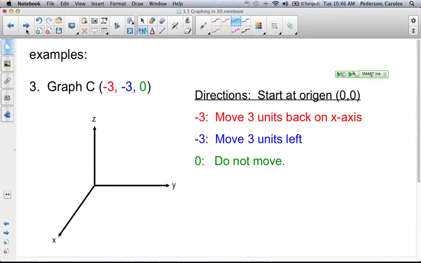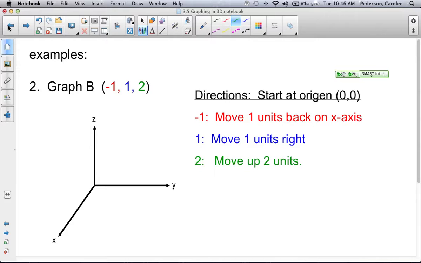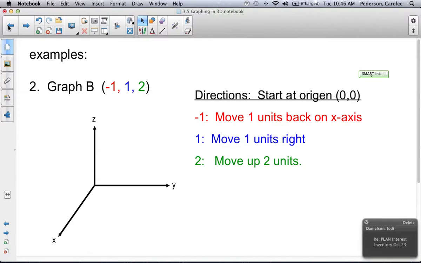Second example, we're going to graph point B. Point B has the value negative 1, positive 1, positive 2. So I have the directions on how you're going to graph it on the smartboard. So let's start with negative 1.